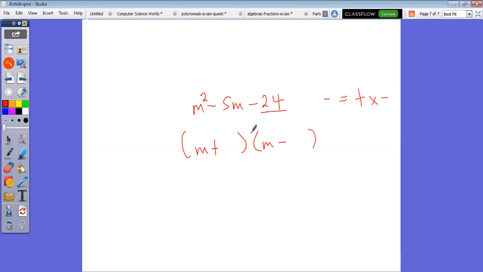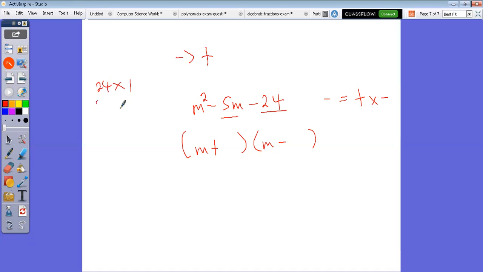Now, once we are done, we inspect the middle term. It's a negative. It means the negative number is greater than the positive number. But those factors of 24 have a difference of what? Of 5. Think of 24. It can be 24 times 1, but they have a difference of 23. We want a difference of 5.